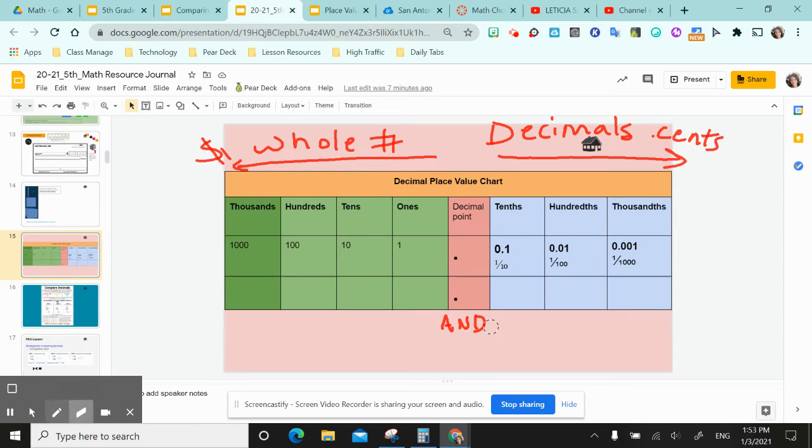Also, another thing you can think of is, why is it 0.1? Well, this is a way of saying that you have 0 whole numbers and you have 1/10. Same thing here. You have 0 whole numbers, 0/10, and 1/100. 0 whole numbers, 0/10, 0/100, and 1/1,000th.